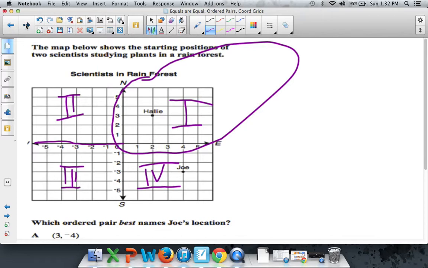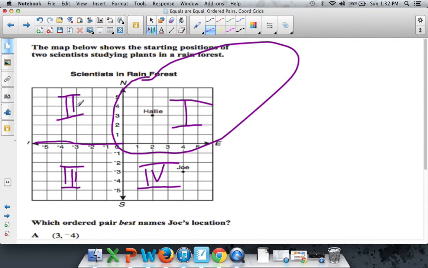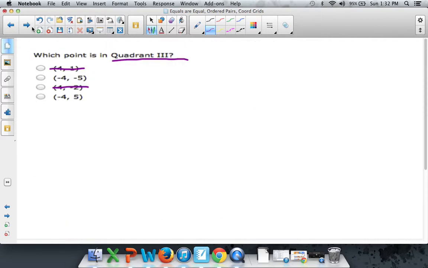So let's go back to the question. Which one has a first number that's negative? Not that one, and not that one. How about the second number? The second number is the y-axis, remember? And in quadrant 3, it looks like the second number, the y-axis, is also negative. Which one has a second number that's also negative? Oh, not that one. This one right here.